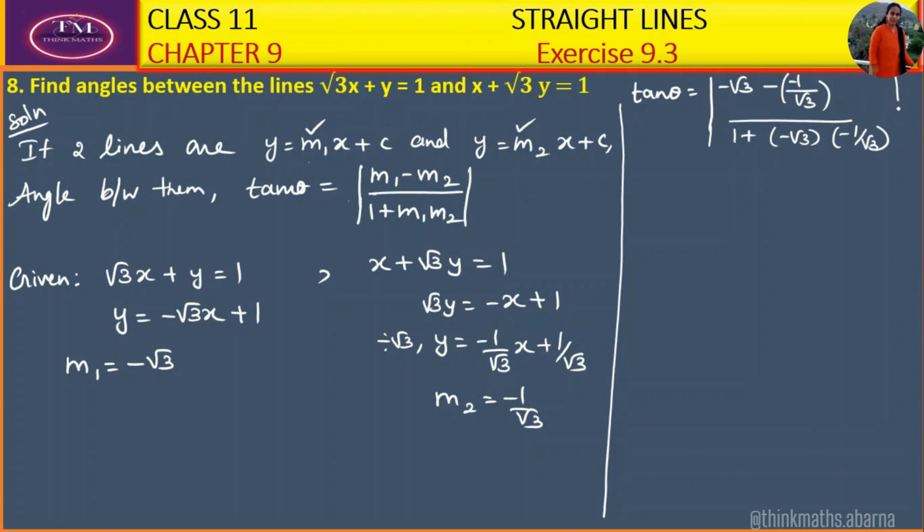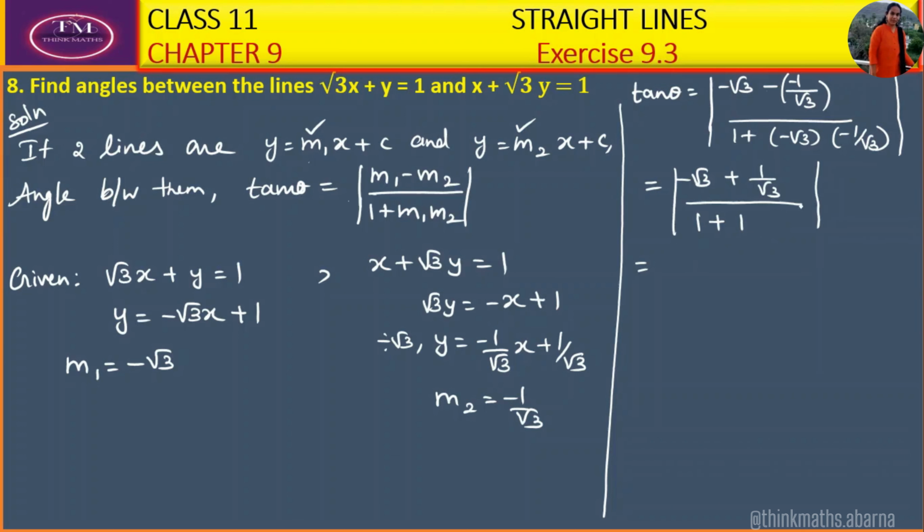Which is equal to minus root 3, minus into minus is plus, so plus 1 by root 3. In the denominator, 1 plus, minus into minus is plus, so plus into plus is plus, and root 3 gets cancelled. So it will be 1.